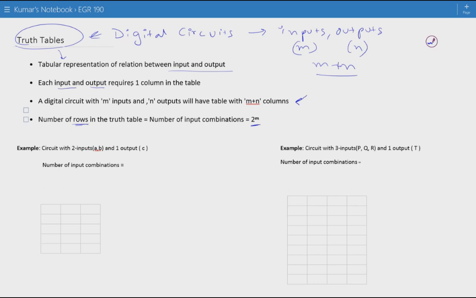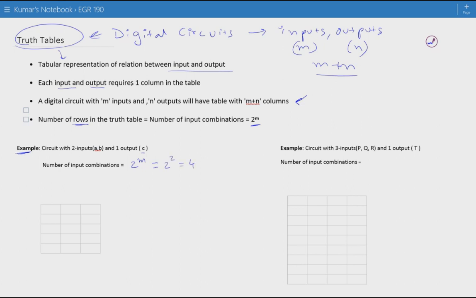So let's look into an example here on the left side. We have a circuit with two inputs A and B, and one output C. The number of input combinations equals 2 to the power of m. M is the number of inputs, which is 2, so 2 to the power of 2 equals 4.